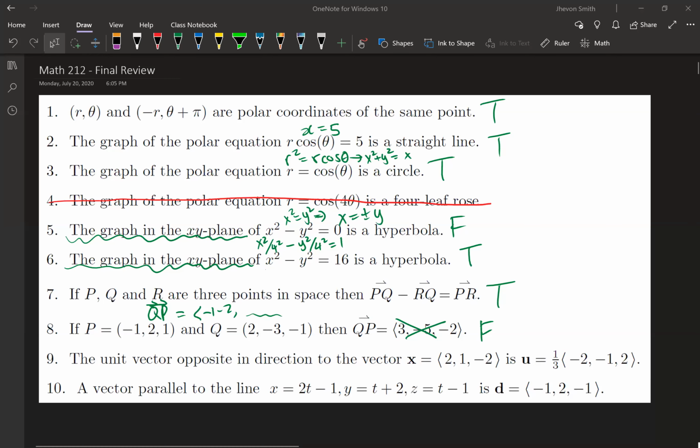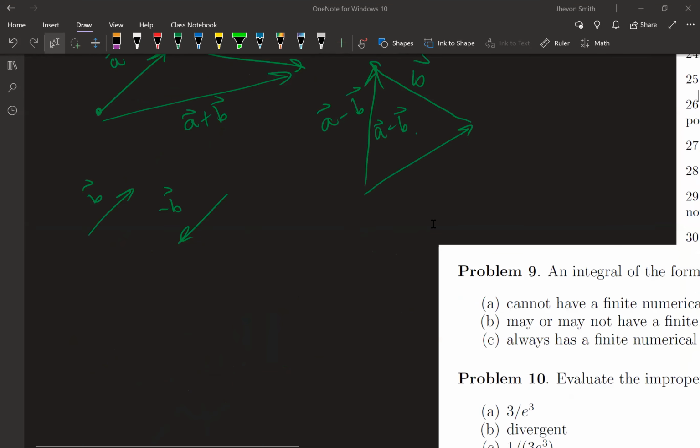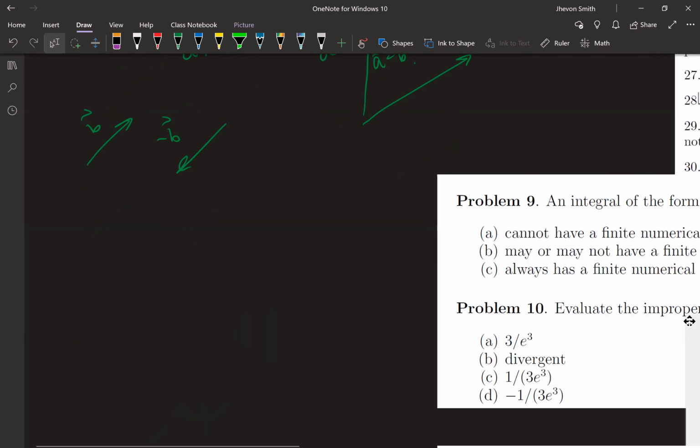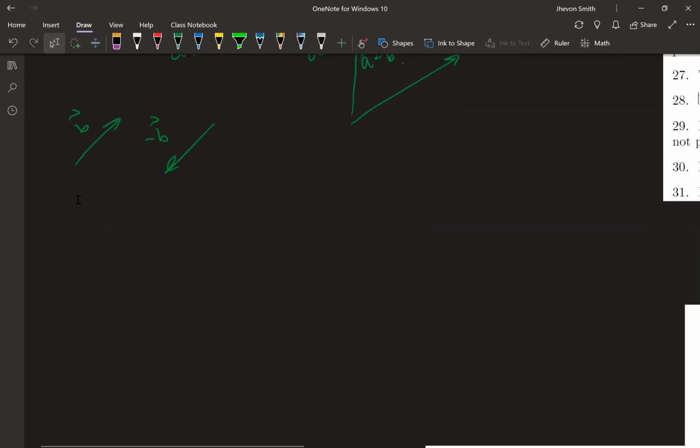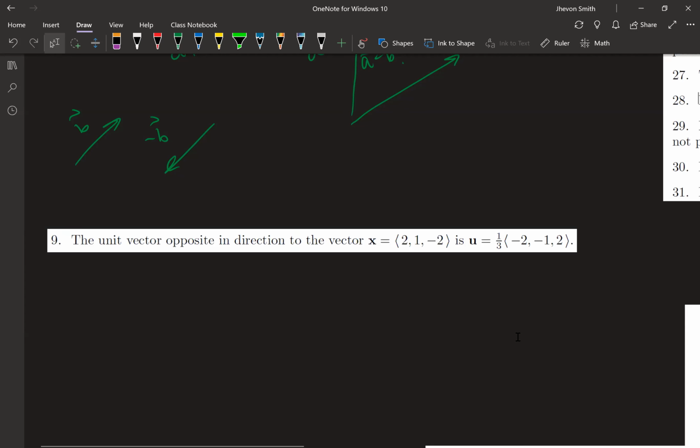Well, let's actually see. The unit vector opposite direction. How do we find the unit vector in the same direction as x? So u, same direction, is just going to be x divided by its magnitude. You should know that that's the definition of a unit vector. What is the magnitude of x? It's the square root of the sum of the squares of the components.